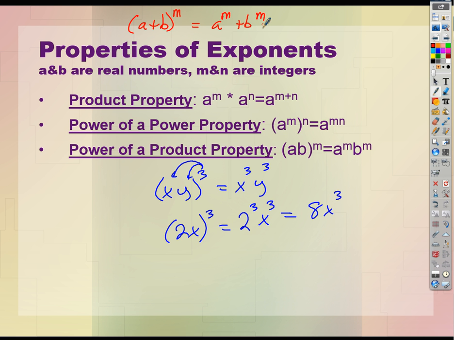Is that true? No, that is not true. Not true. How come? Think what a plus b to the m really means. That means that base of a plus b times itself m times, right? So it's going to look like a plus b times a plus b times a plus b, m times.